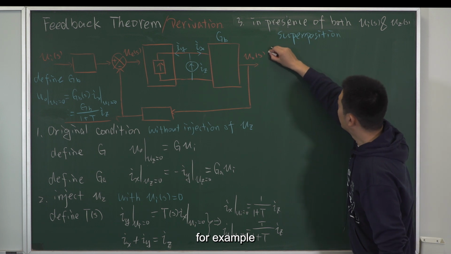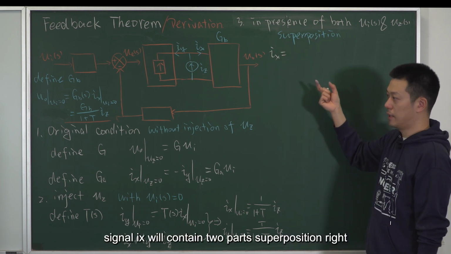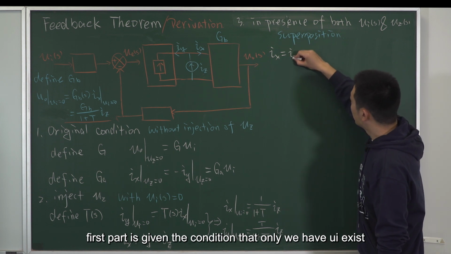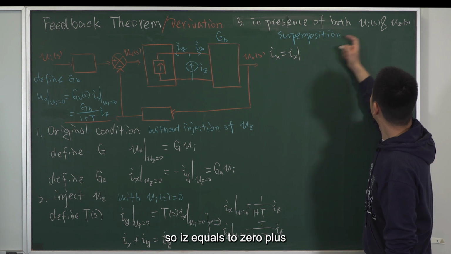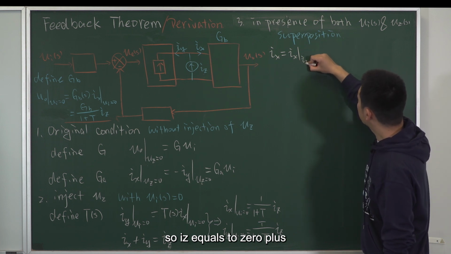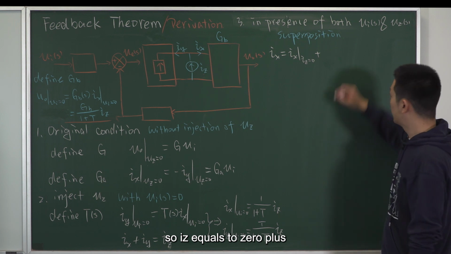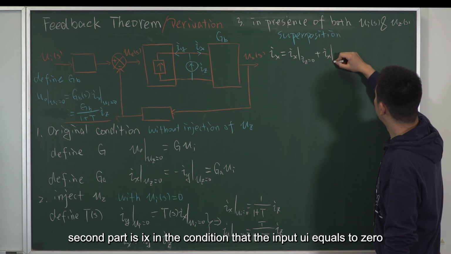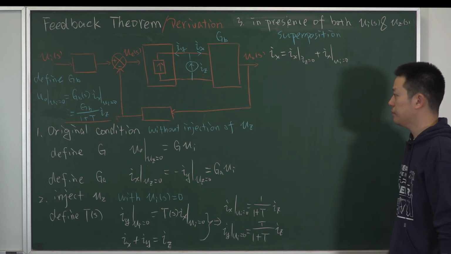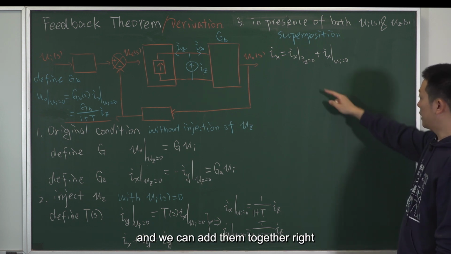For example, signal X will contain two parts, superposition, right? First part is given the condition that only we have UI exists, so Iz equals to 0, plus second part is Ix in the condition that the input UI equals to 0. And we can add them together, right?